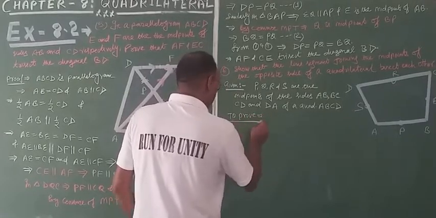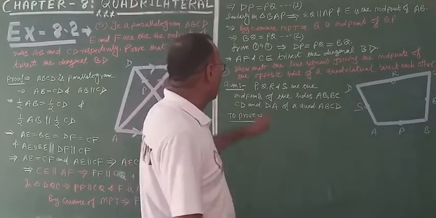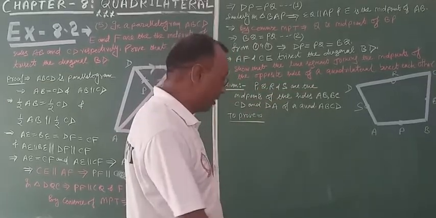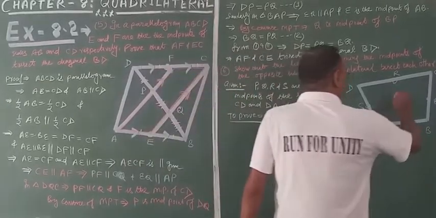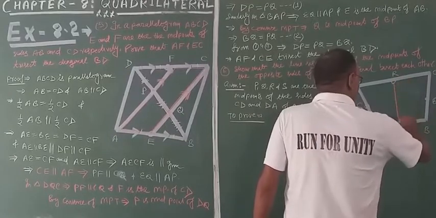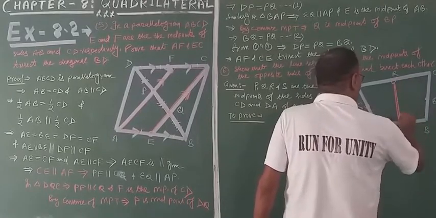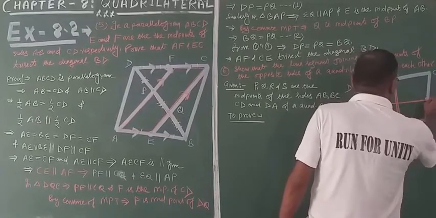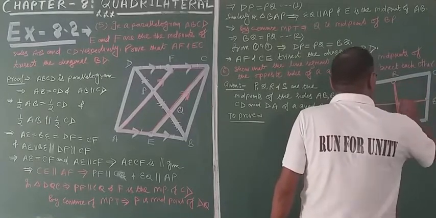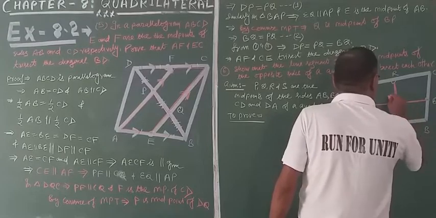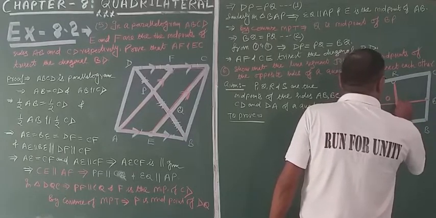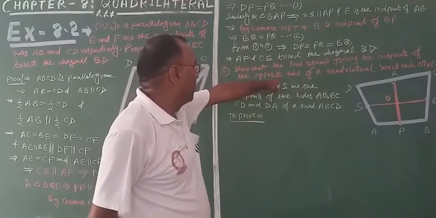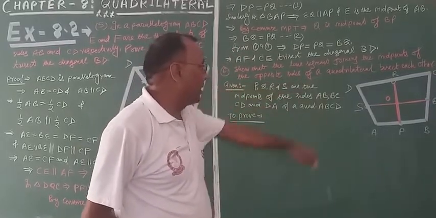You have to prove what? That the line segments joining the midpoints of the opposite sides of the quadrilateral bisect each other.